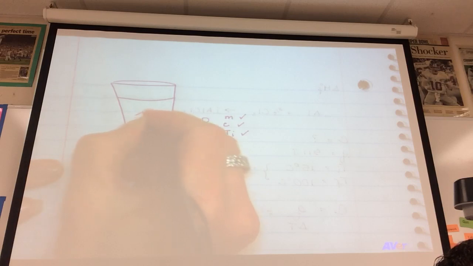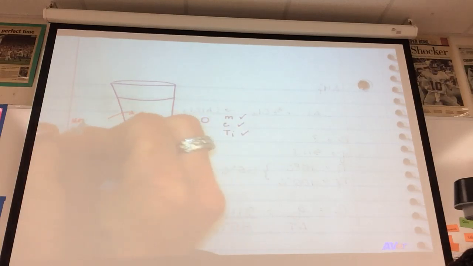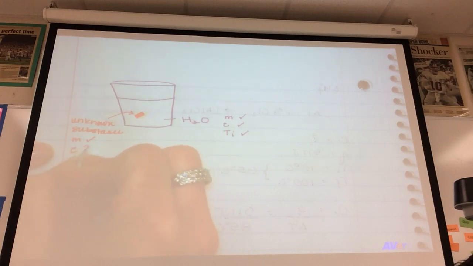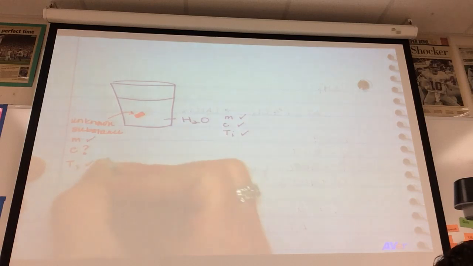Into that, you will drop some unknown substance, often a metal. You will know the mass. You will be looking for the specific heat. You will know the initial temperature.